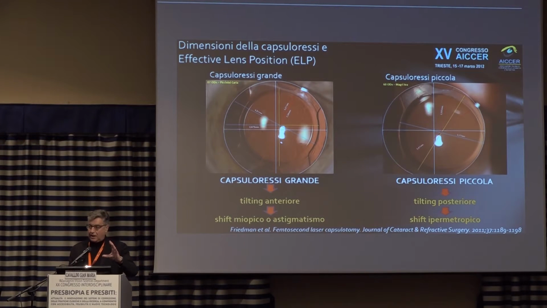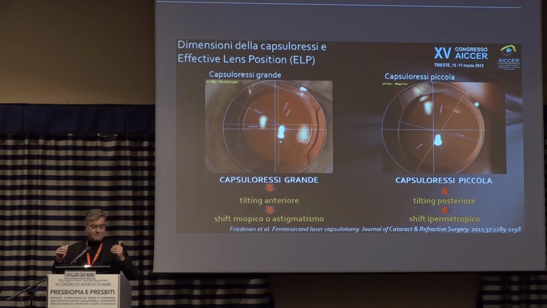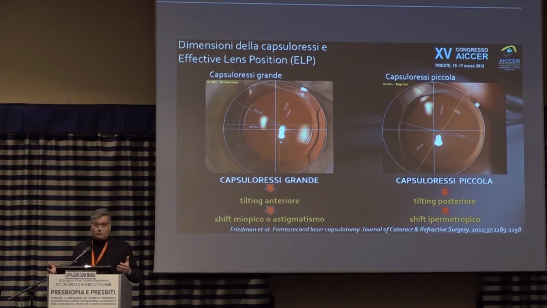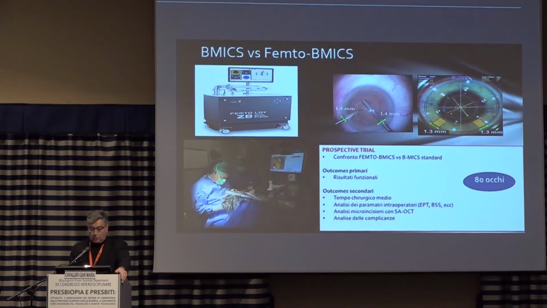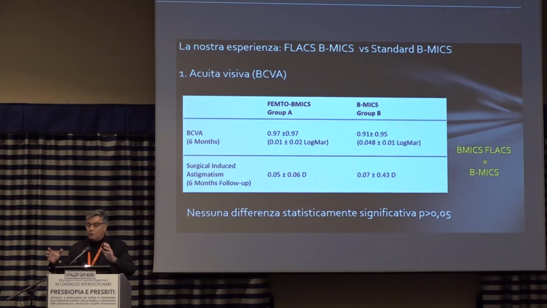In 2012, we confirmed Friedman's data on the size of capsulorhexis. If it's larger, the lens tends to anterior tilting and myopic shift. Size, therefore, is important as well. This is my experience. This is our laser.